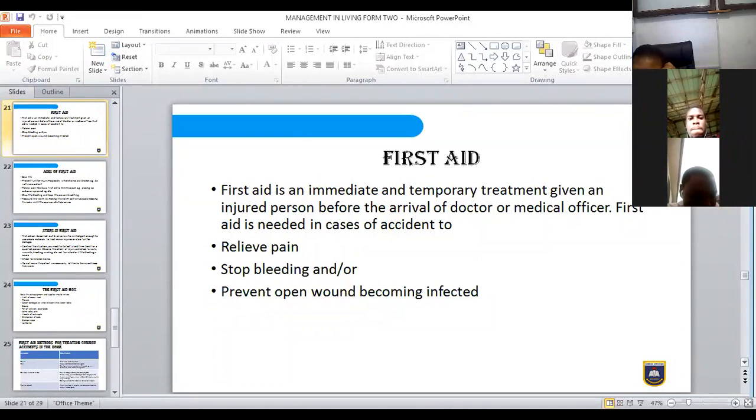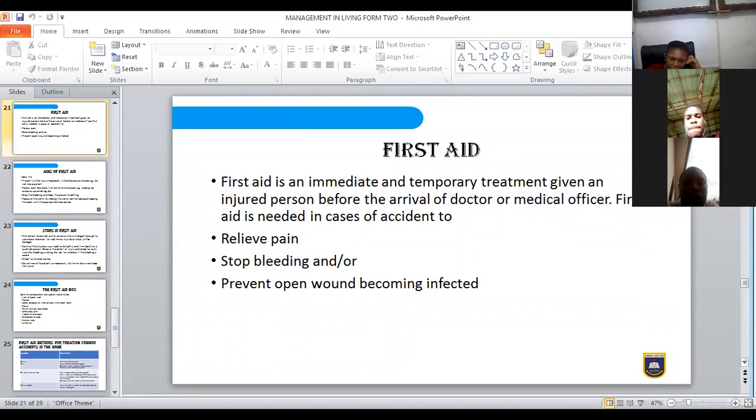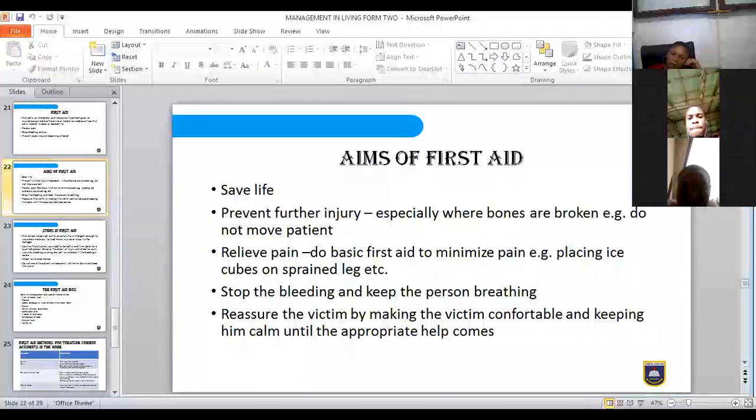Again, when some accidents occur, there may be bleeding, so you give first aid to stop the bleeding, and also you prevent an open wound from becoming infected, because when the wound is open, anything at all can enter and infect the wound.